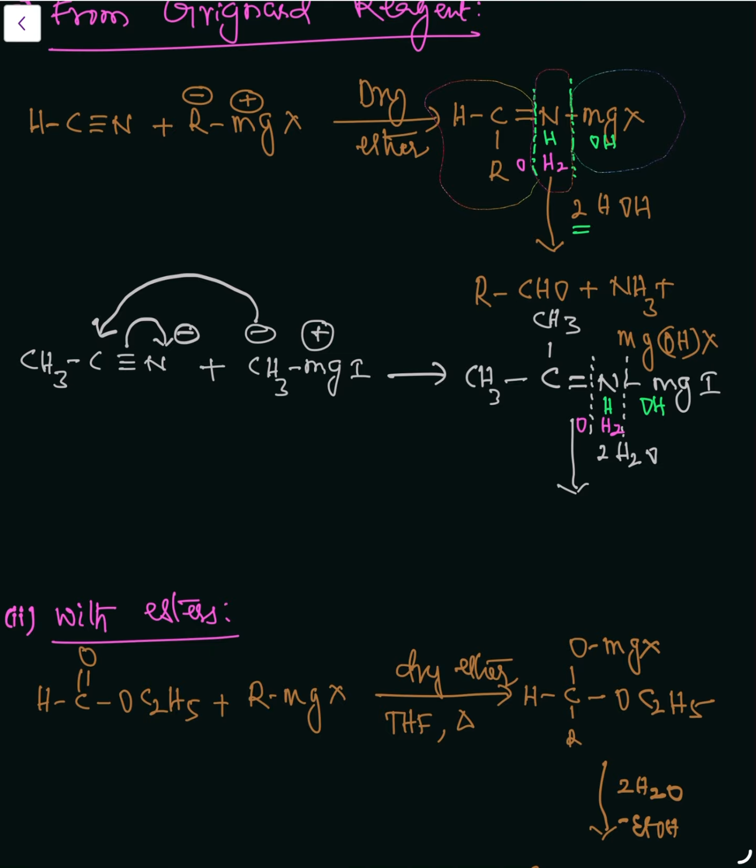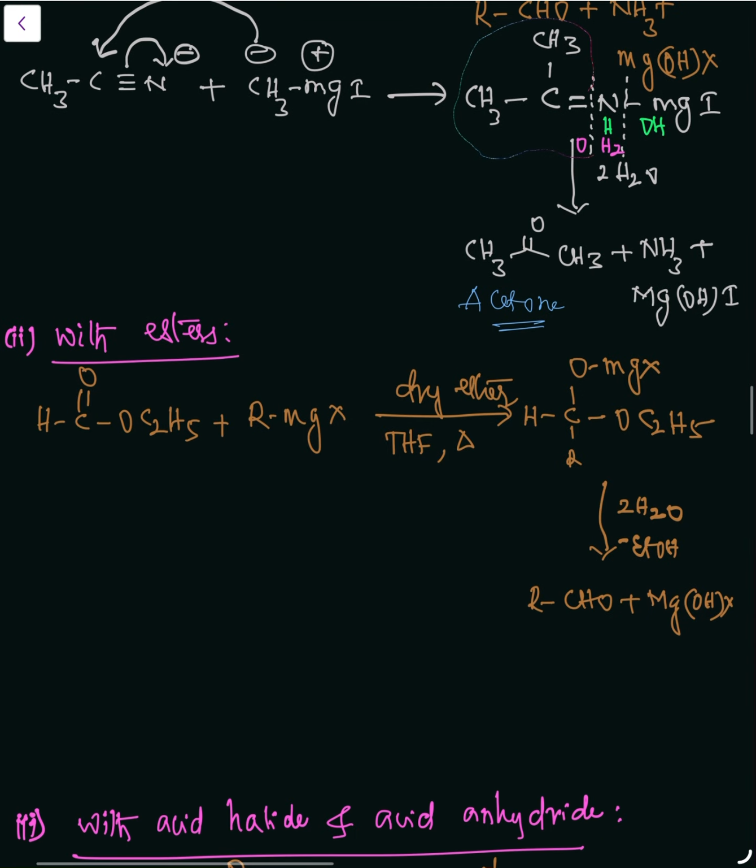Then the compound formed is CH3 C double bond O CH3. That is this part. Along with this, ammonia NH3 plus MgOHI. So the compound formed in this reaction is acetone, which is a ketone. So we can prepare both aldehydes and ketones.